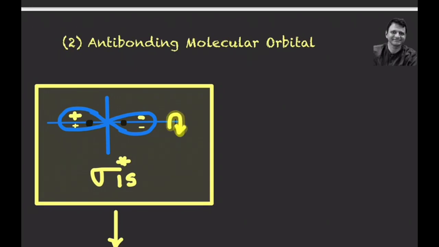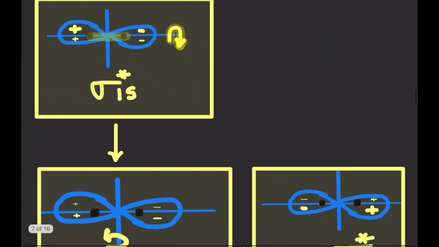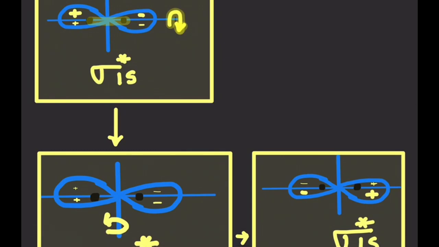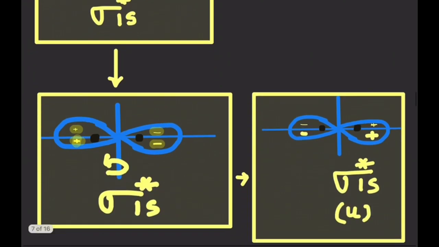Now I am going to rotate about this internuclear axis. When rotating, we can see that the thick sign is on the right hand side lobe, below the negative sign, and thin is above, and in the same way positive and negative here. Now there is no change in sign, because initially also the right hand side lobe had a negative sign and the left hand side lobe had a positive sign, and that is still the same.